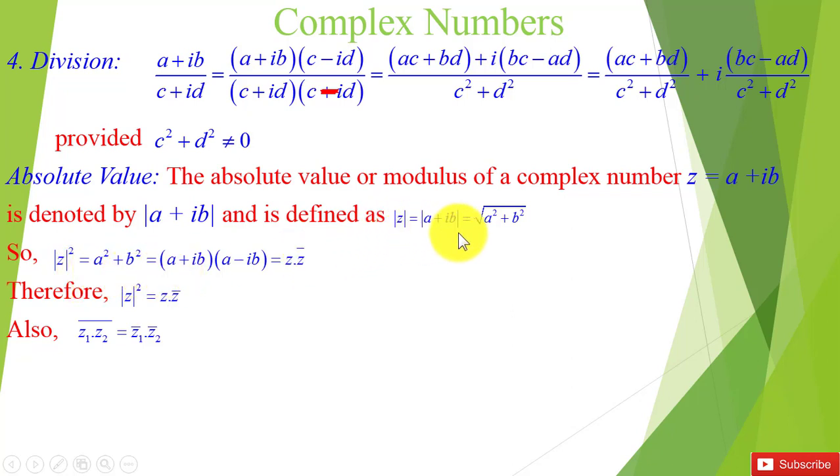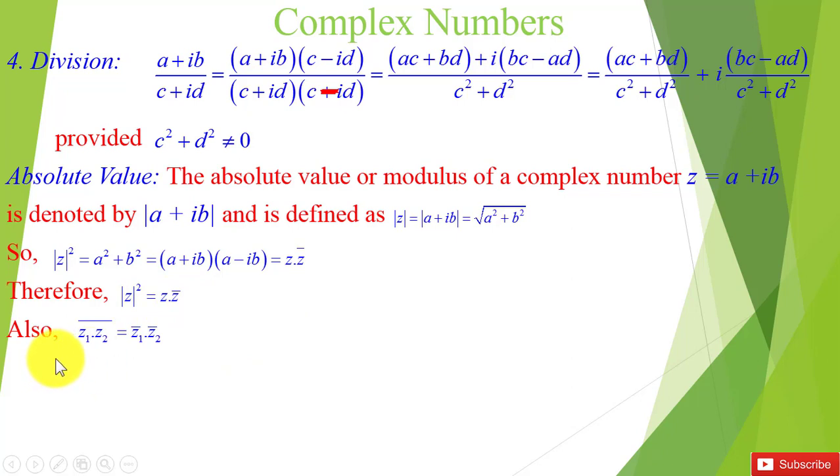By squaring this quantity both sides, we have modulus z square is equal to a square plus b square is equal to (a plus ib) into (a minus ib) is equal to z into z bar. Therefore, modulus z square is equal to z into z bar.